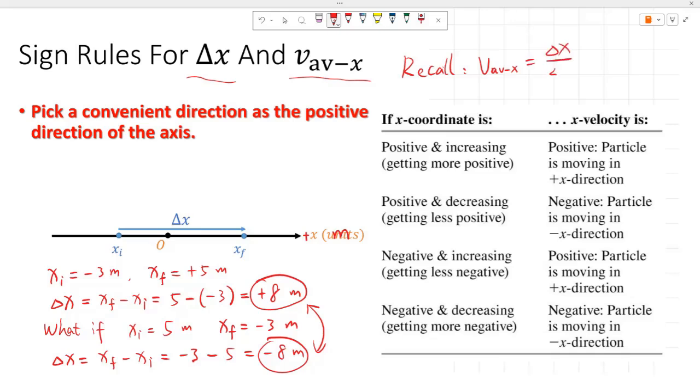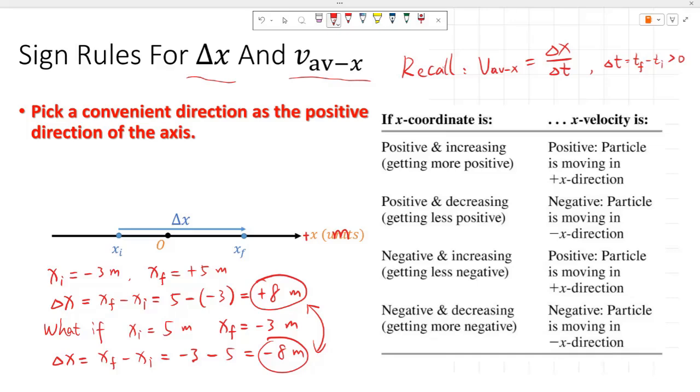If you remember, the average velocity is nothing but delta x divided by delta t, right? And remember that delta t is nothing but the final moment minus the initial moment, which has to be positive at all times since time never goes back.